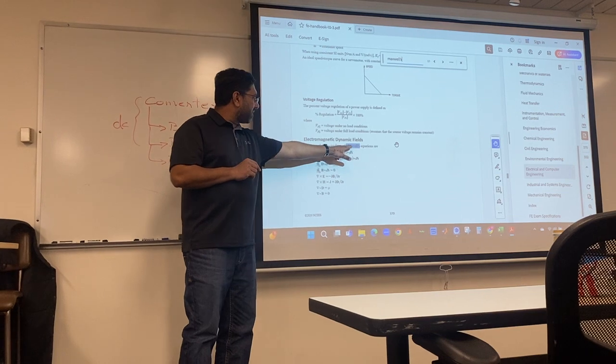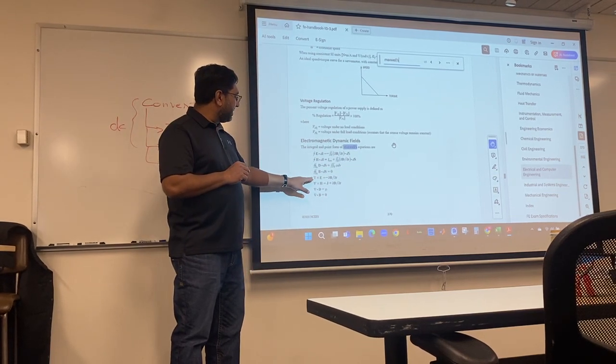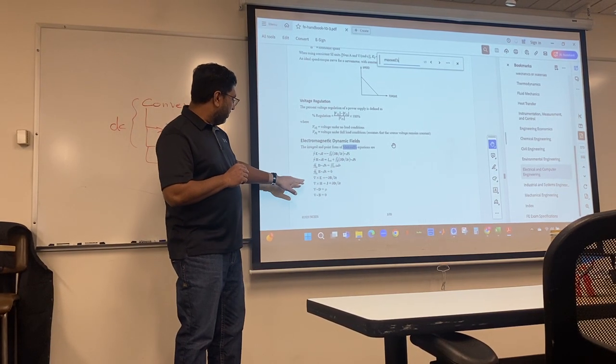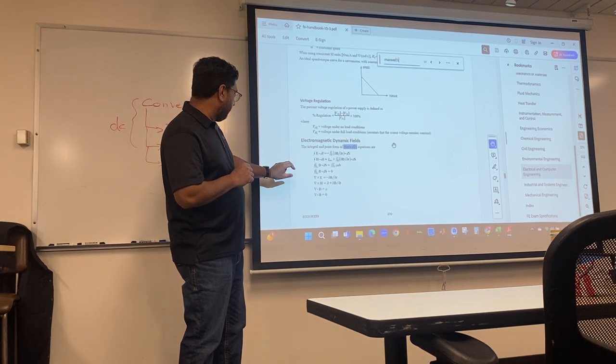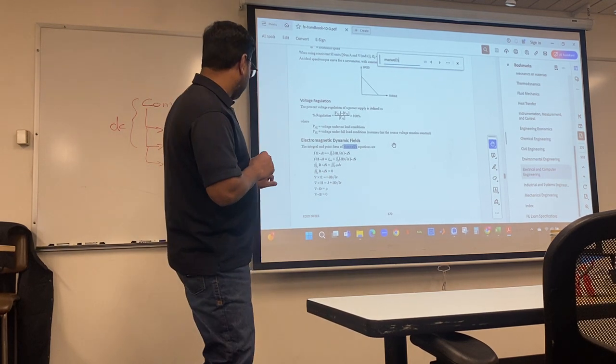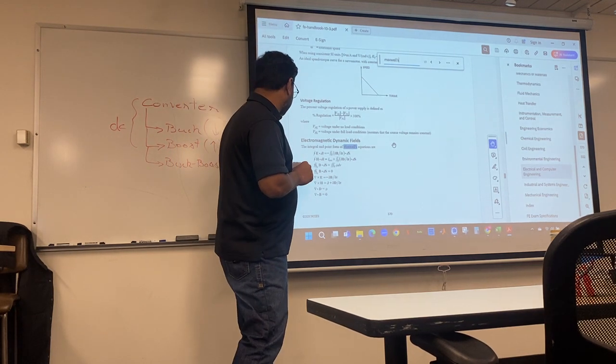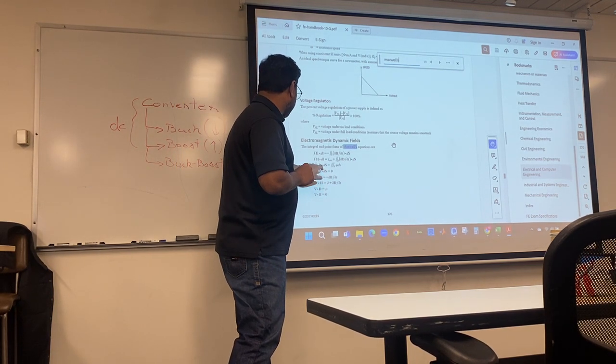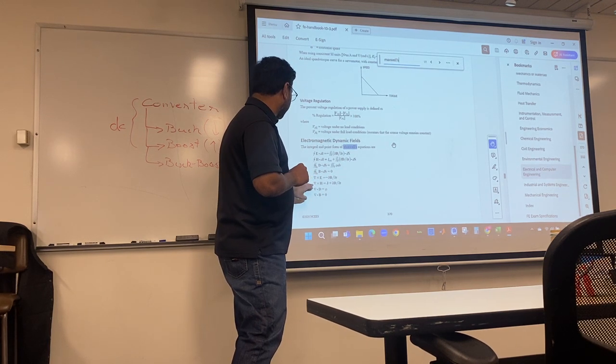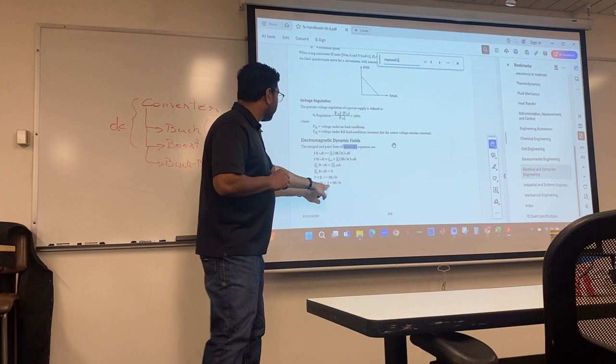It shows up under Maxwell, but I'm telling you that this is Faraday's. And one of these, I believe, is Ampere's law. Yeah, this is Ampere's law.